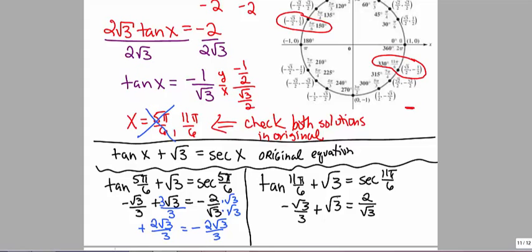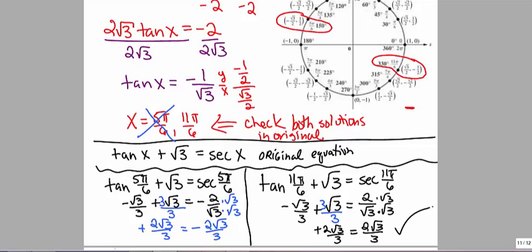And here, if we add the two fractions on the left-hand side, think about that as over 1, and give them both the same LCD, that would be 3. So on the left-hand side, we get positive 2 divided by the square root of 3 over 3. And on the right-hand side, if we were to come in and rationalize, we would get also positive 2 square root of 3 over 3.